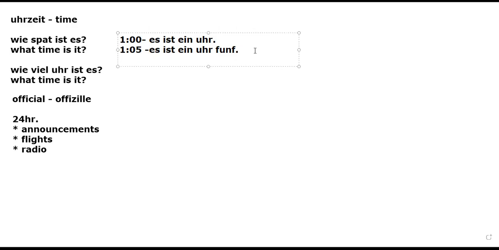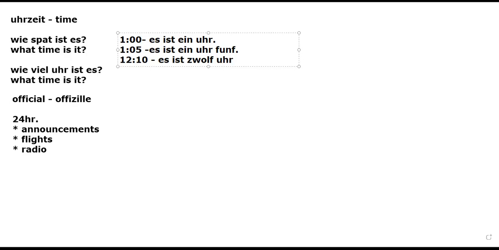Then suppose there is this. Try how we speak. How can we say it? "Es ist 12." Good, 12.